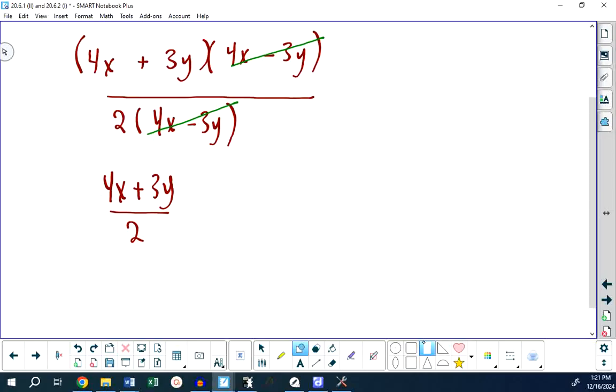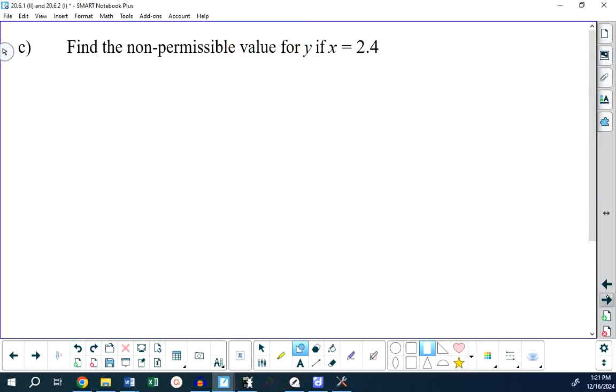But, and I can't remember in the video how much I stressed this, the non-permissible values are found by looking at stuff before you cancel. Just because you clear something away doesn't take away the fact that it was there to begin with and it's part of the expression. So you really ought to have that there. All right.